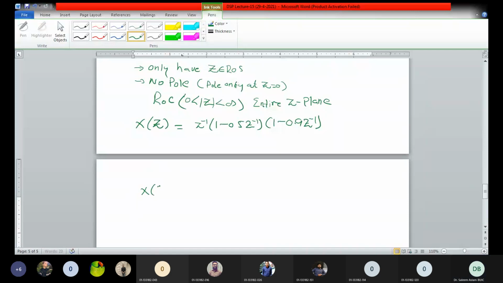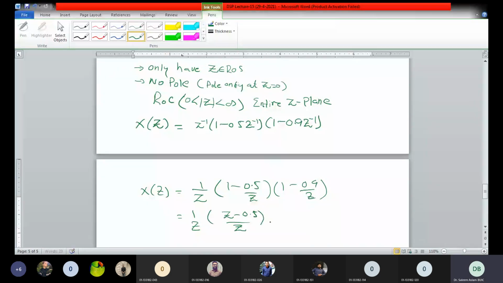So let's simplify this expression. It will become 1 by z, and here it will become 1 minus 0.5 over z, and this will become 1 minus 0.9 over z. So let's simplify. This will become 1 over z, this would become z minus 0.5 over z, and then z minus 0.9 over z, right?